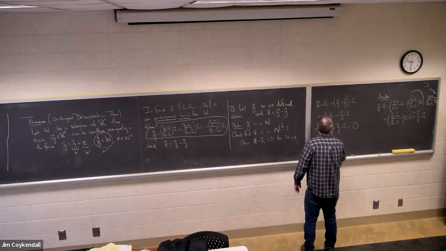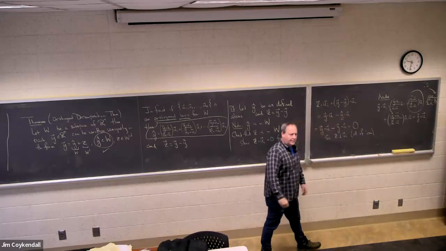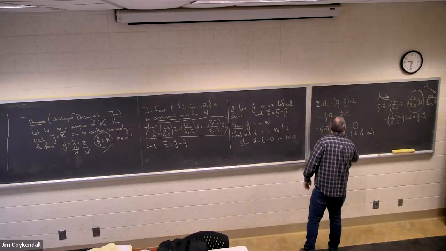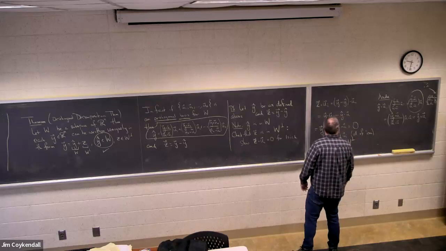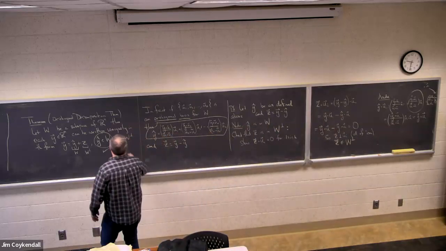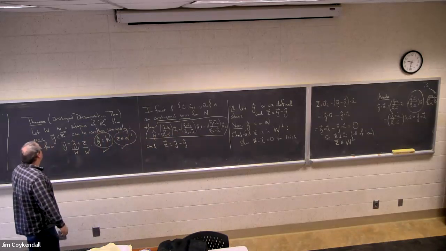So z is orthogonal to every ui, all of them. So z is in W perp. And there we go. Check and move it over.